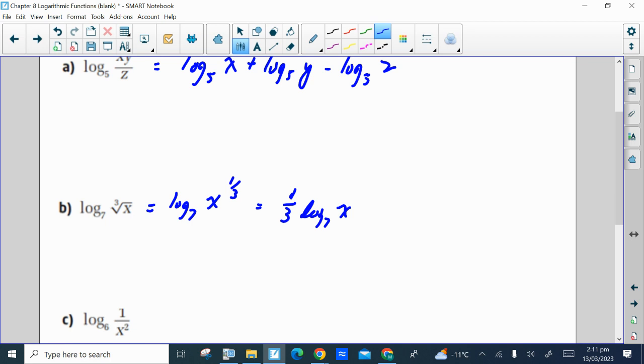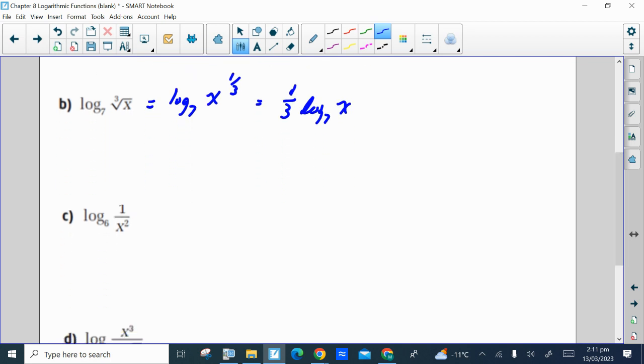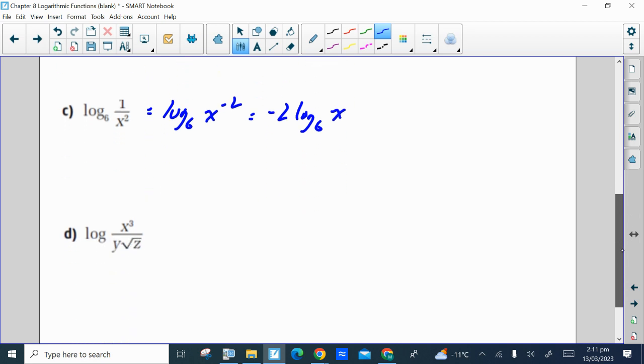Write it in terms of either log x, log y, and or log z. Question C, 1 over x squared would be x to the -2, and then the -2 can come in front using the power law. It'd be -2 log base 6 of x. So again, we've written that one in terms of log x.